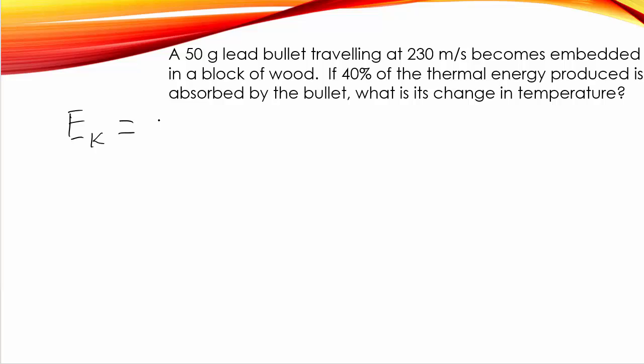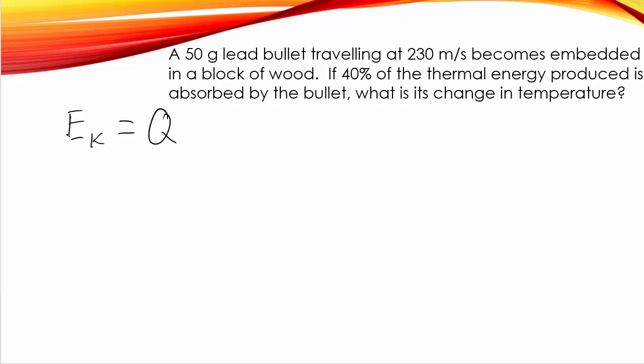That thermal energy we're going to call Q because it becomes heat. It's this heat that was created by the collision. But we only have 40% of the thermal energy produced actually being absorbed by the bullet.